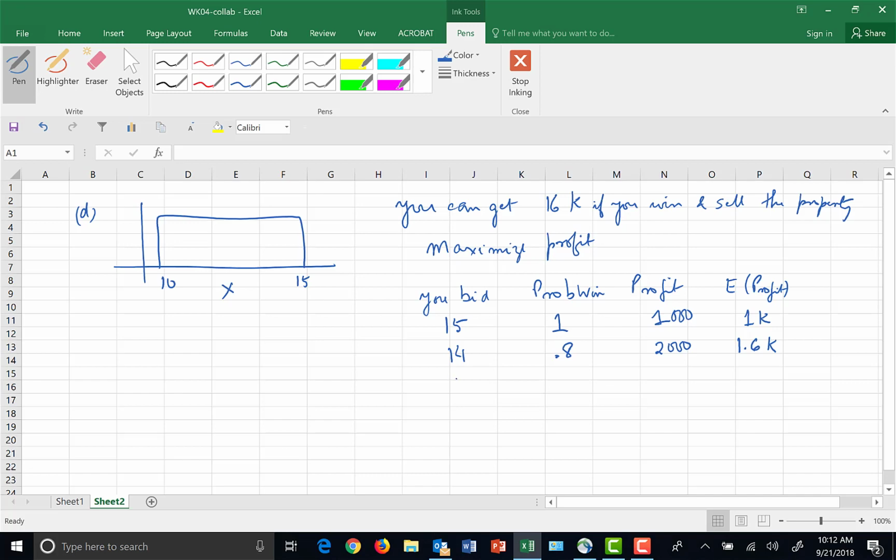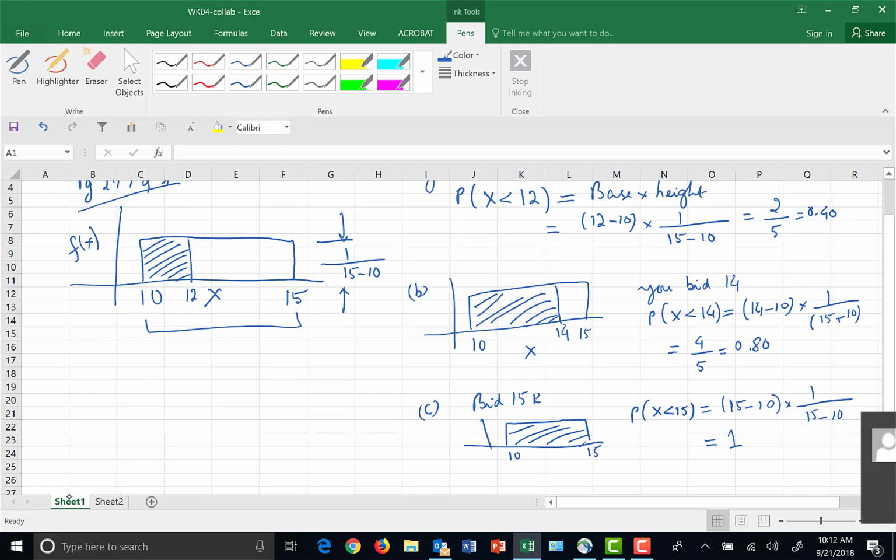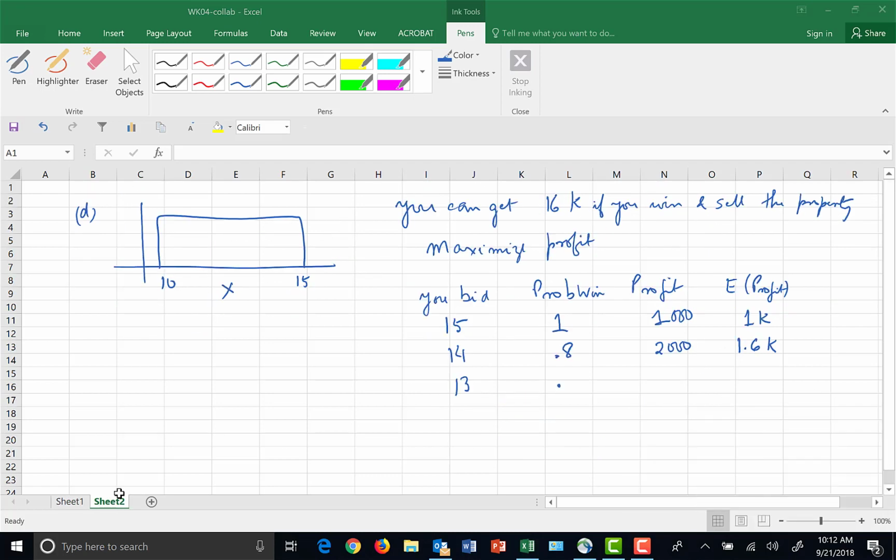So suppose I bid $13,000, then the likelihood of winning, we'll see what the calculation would be. I think it turns out to 0.6 actually. But I would make $3,000 profit because I can turn around and sell it for 16k. So the expected profit is 1.8 thousand, so $1,800. Now suppose I drop down a little bit more.